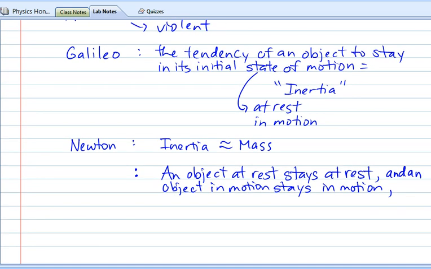So an object at rest stays at rest, and an object in motion stays in motion, unless acted upon by an outside force. Now there's a reason that we say an outside force, because objects can have internal forces that don't necessarily change their inertia.